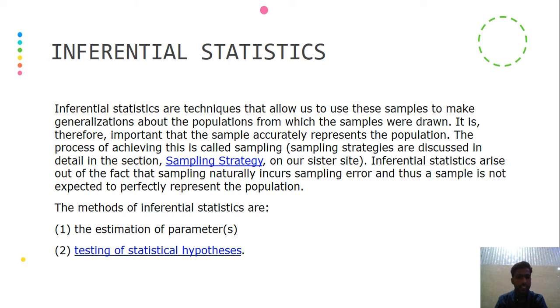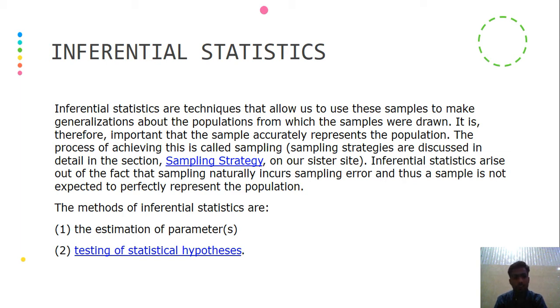Inferential statistics. Inferential statistics are techniques that allow us to use samples to make a generalization about the populations from which the samples were drawn. It is therefore important that the sample accurately represents the population. The process of achieving this is called sampling.